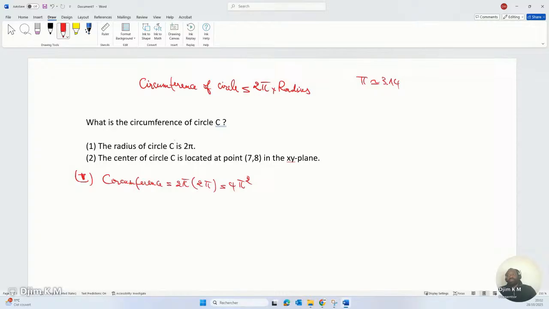So based on this condition, we can find the circumference. We know the value of pi. Okay, so no need to calculate, but we know that we can find it. So this seems sufficient.